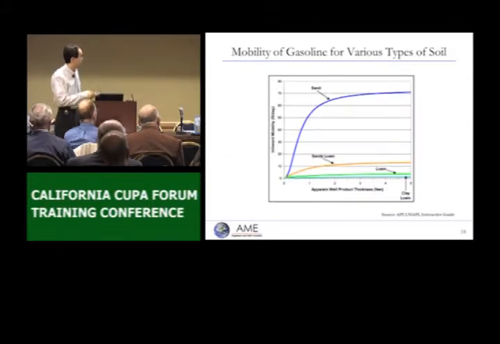Now, this is to look at that relationship in a different way. It's the mobility of gasoline for various types of soil. Again, when product thickness increases, the mobility increases, no matter what soil you have.